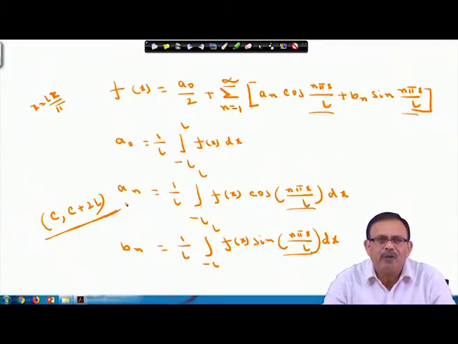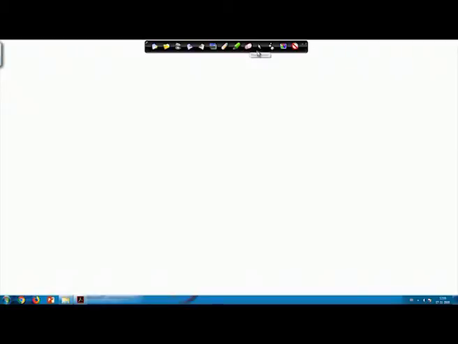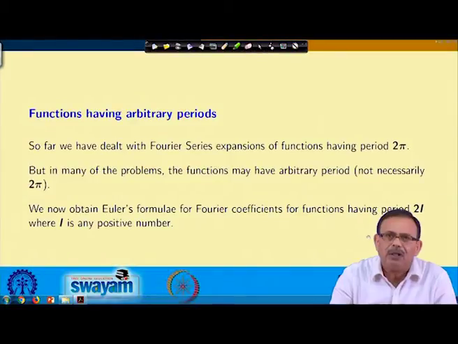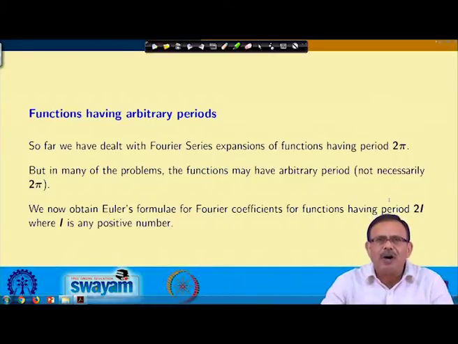So, whenever C equals minus L, it will be from minus L to L. I can make it 0 to 2L by making C equals 0. So, I hope it is clear. For a generalized function, if a function is defined in a generalized or arbitrary period with period 2L, in that case we can define it this way.